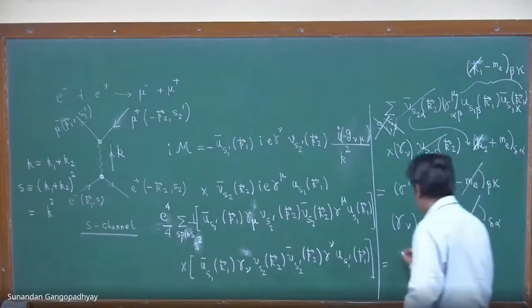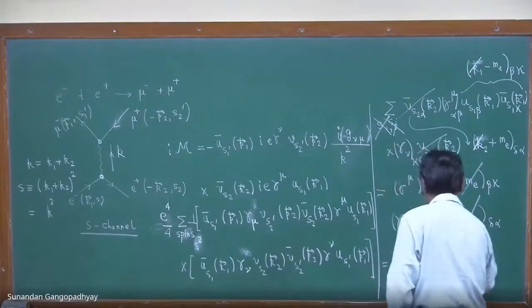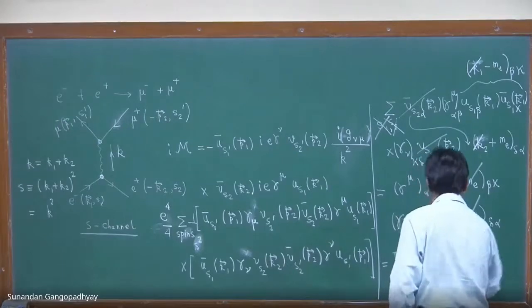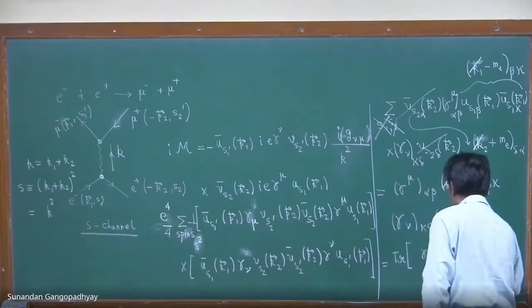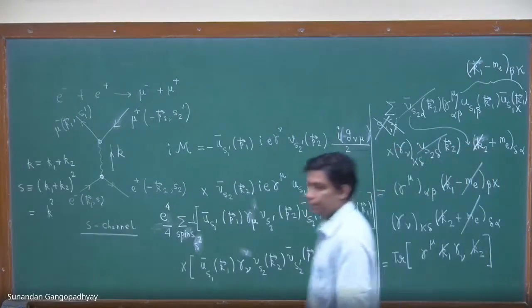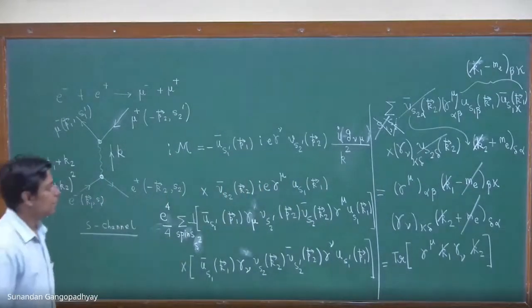So this is nothing but the trace of gamma mu k1 slash gamma nu k2 slash. Is this clear? Is this okay? Yes, sir.